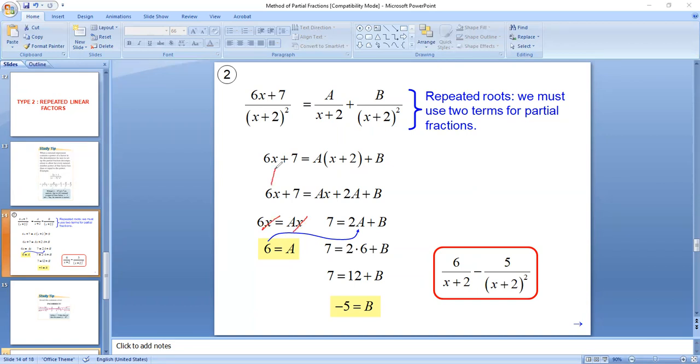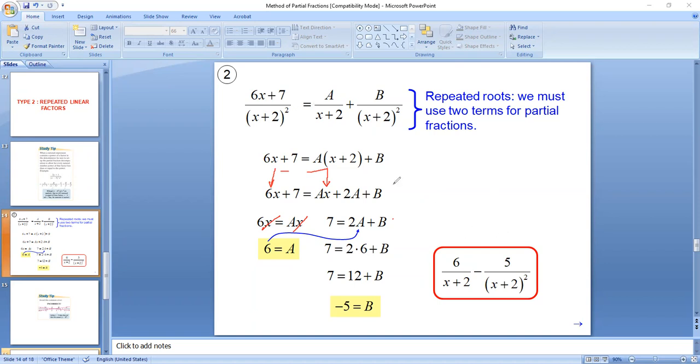Only those two have x. If you equate constants, you have 7, you have 2A and B. But since you know already A is equal to 6, you have here 7 is equal to 2 times 6, which is 12, so B would be negative 5. This is already your answer for the equivalent partial fractions of this.